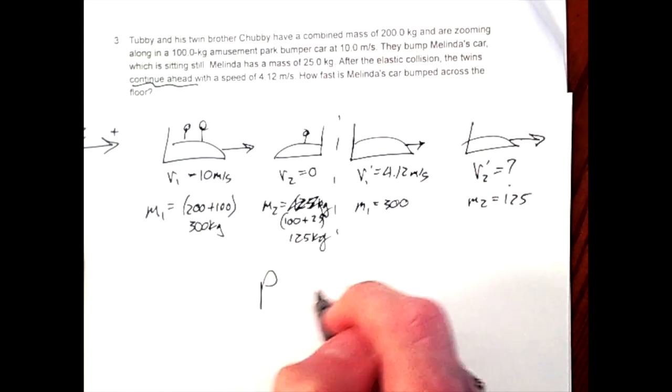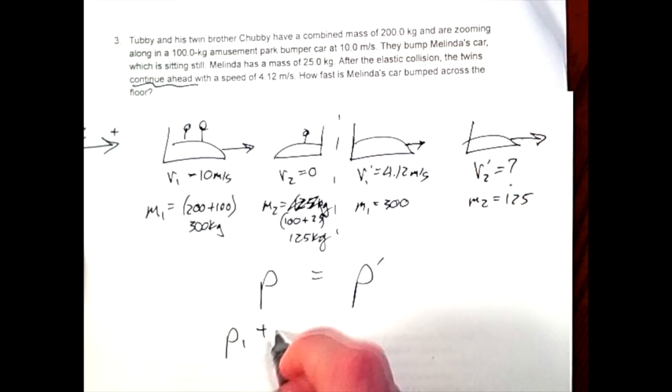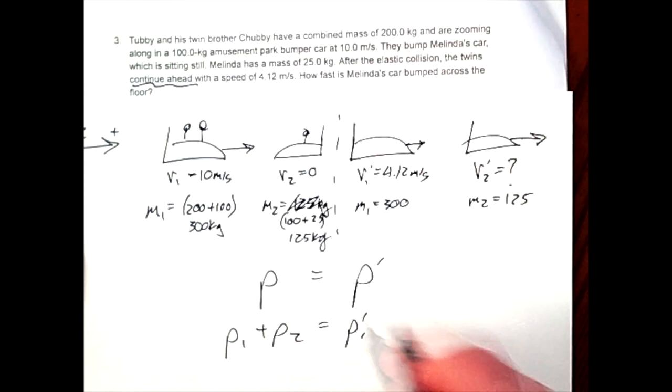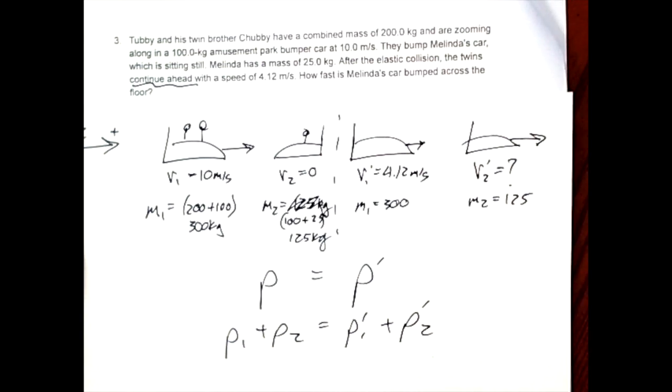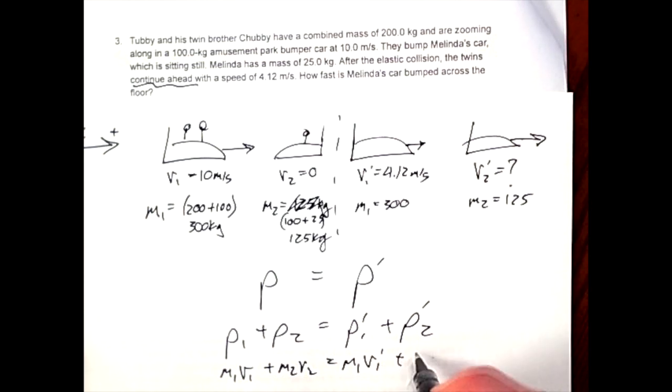So then I have P equals P prime. I have P1 plus P2 equals P1 prime plus P2 prime. Is there always two objects? No. There are always two objects except for number 5. So then, of course, M1V1 plus M2V2 equals M1V1 prime plus M2V2 prime.